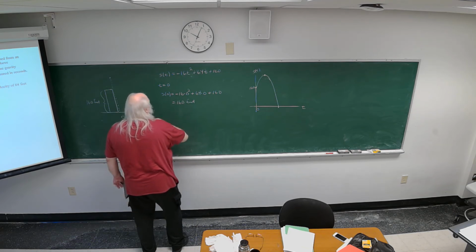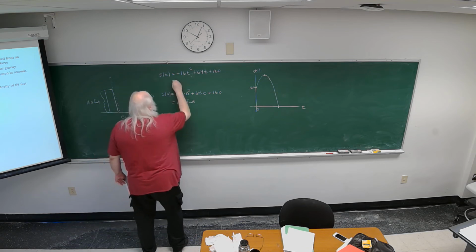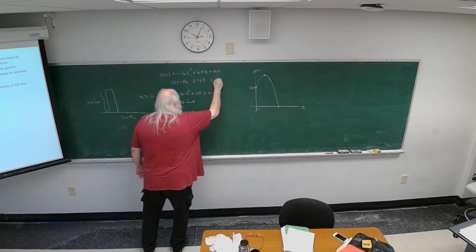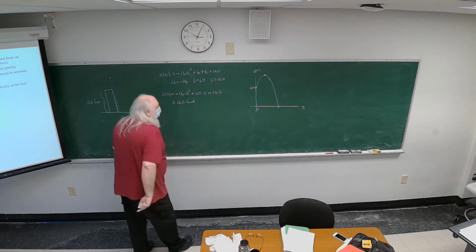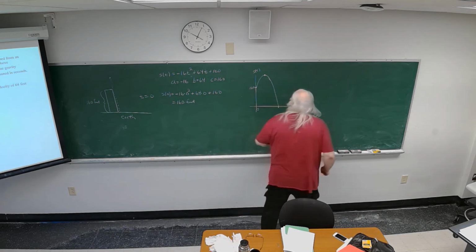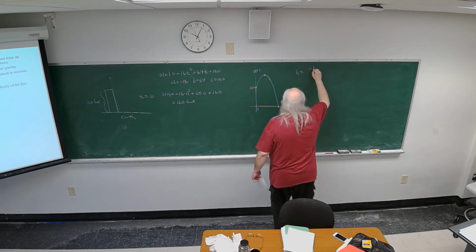So in this case, A is equal to minus 16, B is equal to 64, C is equal to 160. We have to calculate the location of the vertex. So H, the x coordinate, is equal to negative B over 2A.